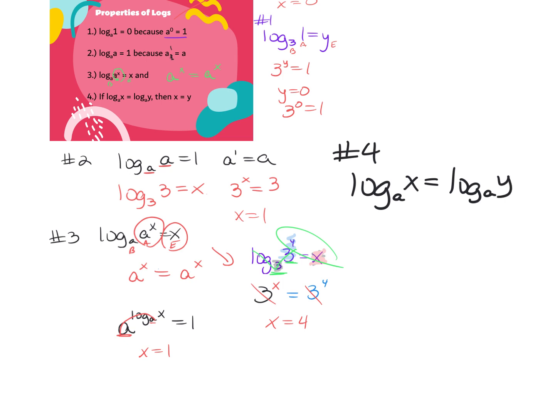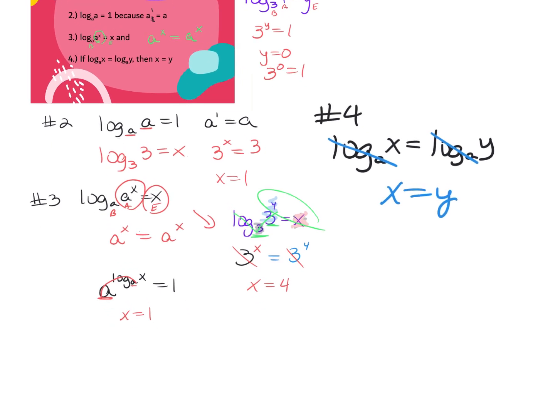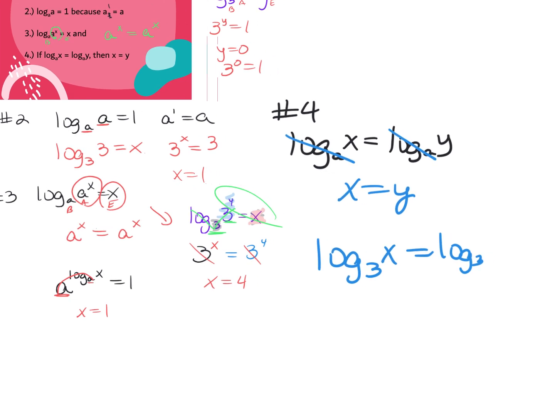Notice what will happen here are these cancel, just like it's like a base, and then x equals y. So let's do one with some numbers. Let's say it's log base 3 of x equals log base 3 of 4. And notice what we can do here is the log base 3's cancel, and you're left with x equals 4.